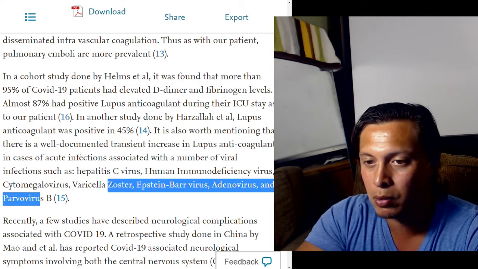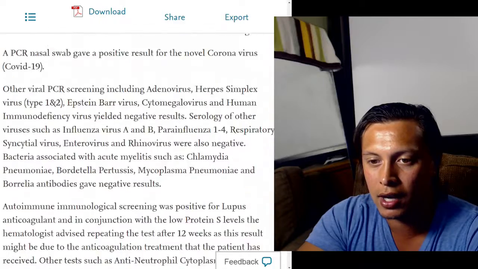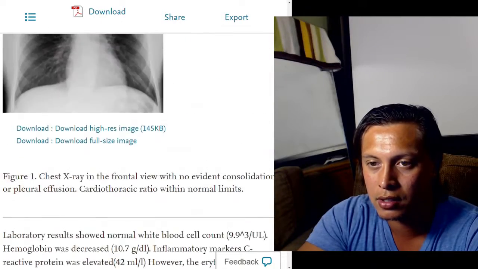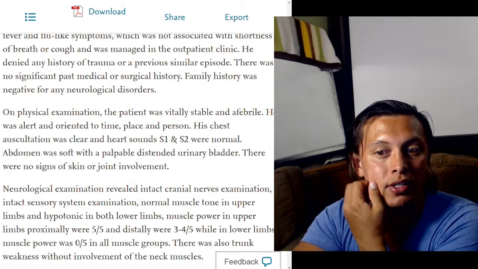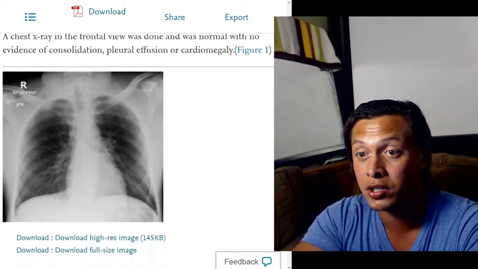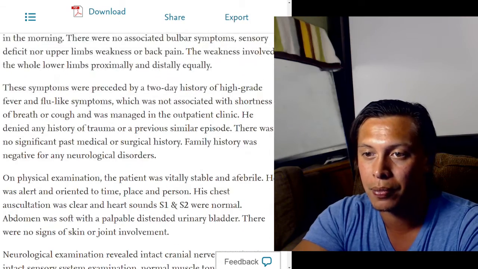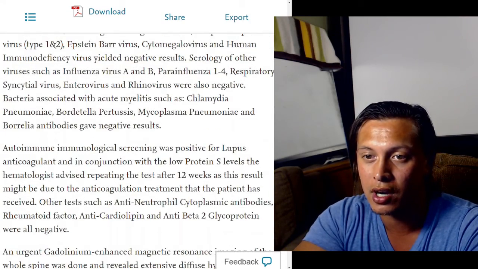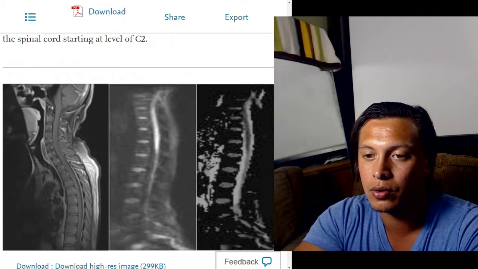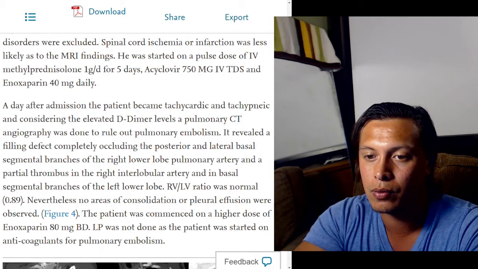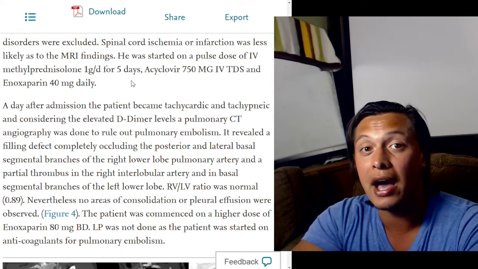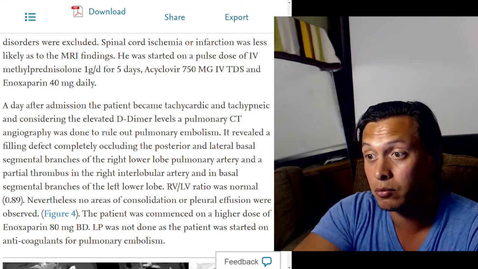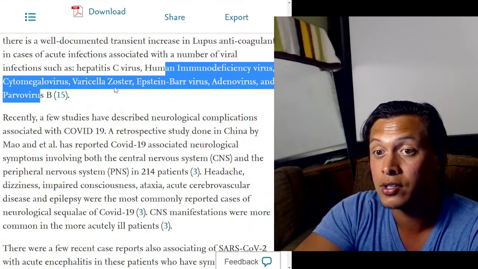So this might be why they gave one of the drugs that they administered to him, we looked this up, acyclovir, which was a general antiviral that was effective at a lot of those other viruses that were listed.